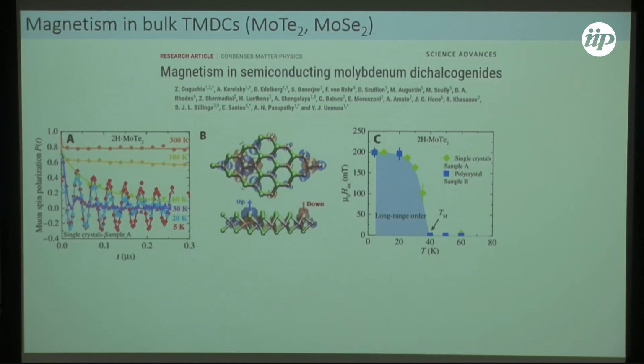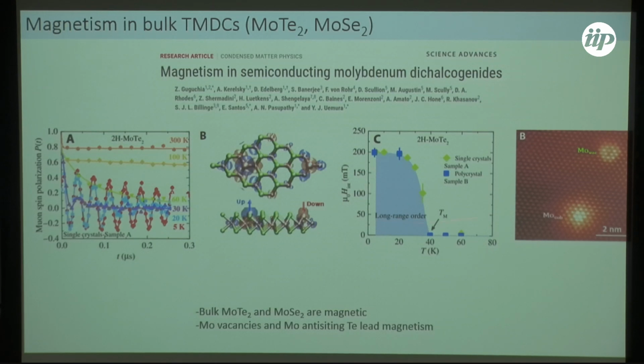And as Roland was mentioning, platinum selenide is not alone. There is already a very nice study from the Columbia group, showing that in molybdenum telluride, by spin resonance measurements, they have magnetic ordering in their crystals. They also say that the origin could be the molybdenum vacancy or the anti-site effect.